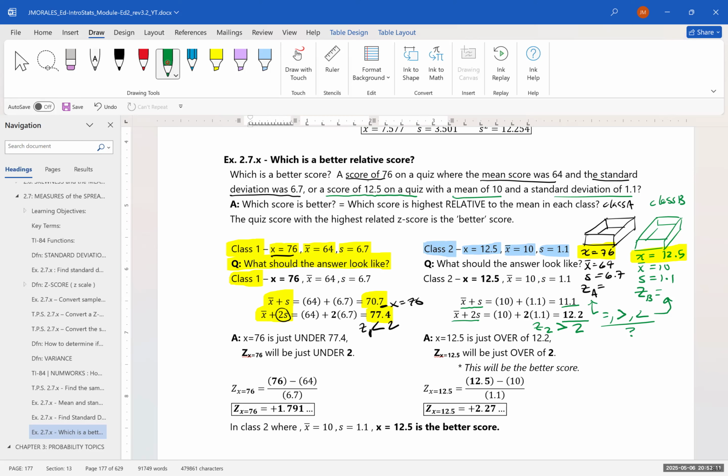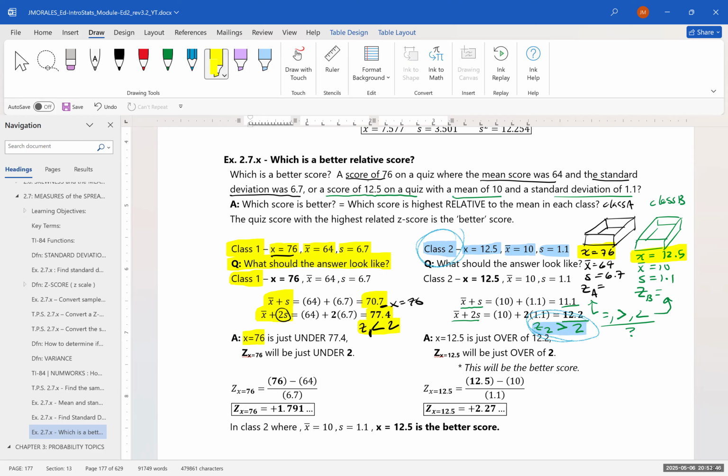So really, without actually doing the z-score calculation, we can see that in classroom 1, it's going to be less than 2 standard deviations above the mean. And in classroom 2, the score is going to be greater than 2 standard deviations above the mean. So actually, we already know it's going to be the student in class 2. But let's go and confirm what we're expecting here.